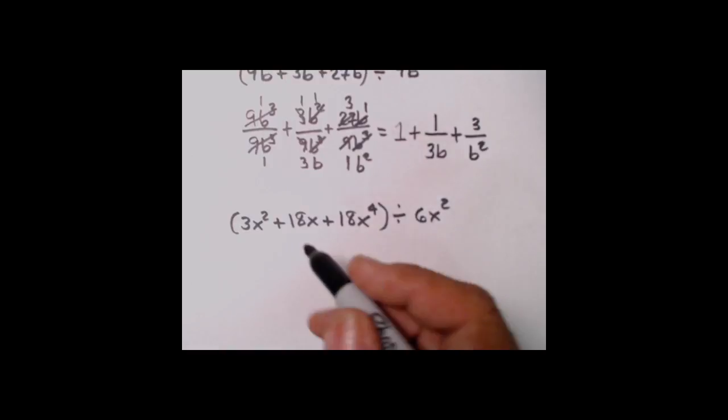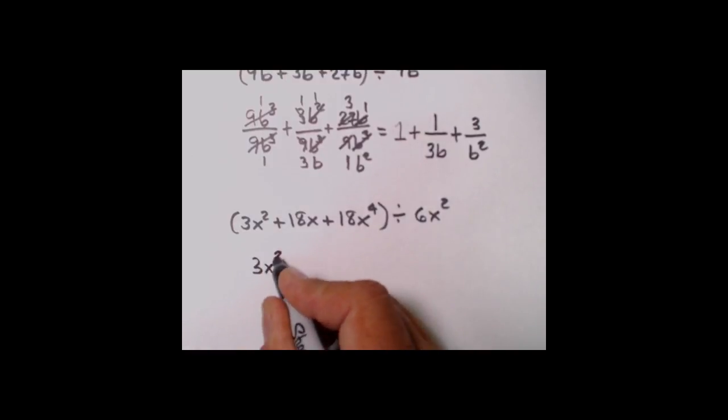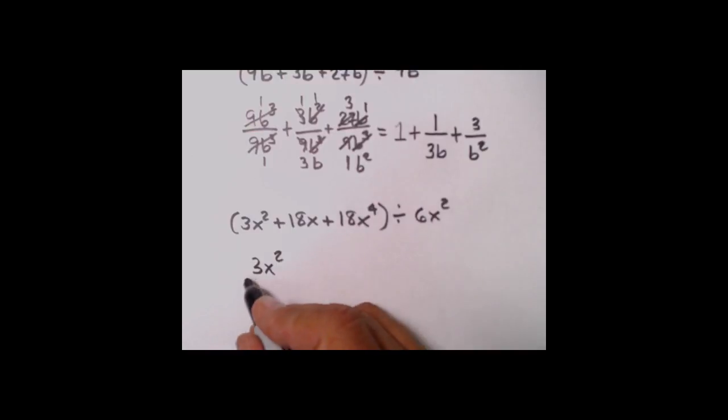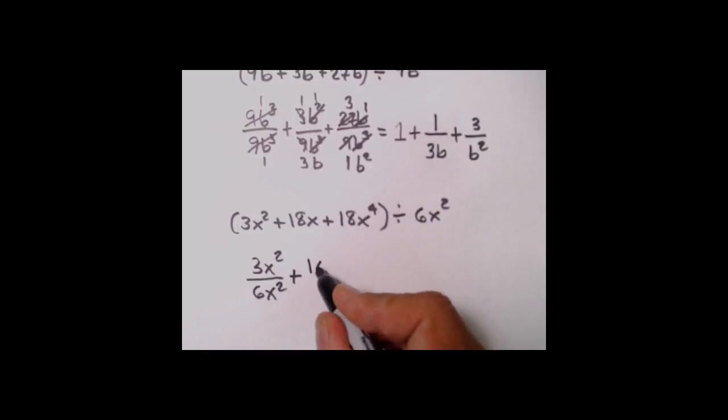Okay, well, the first one is going to be 3x squared, and of course we then divide it by our divisor, 6x squared. Then there's a plus. Whatever the sign is, you put it down. And then we have 18x, and that's divided again by our divisor, 6x squared.